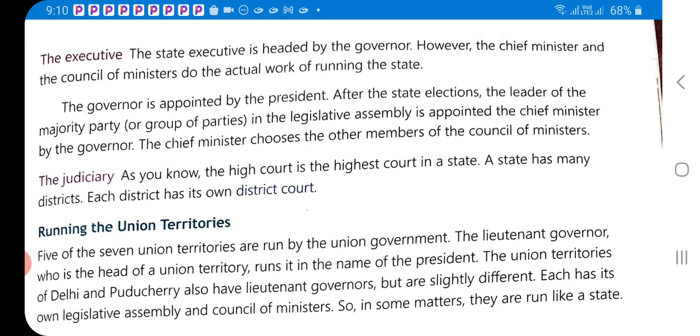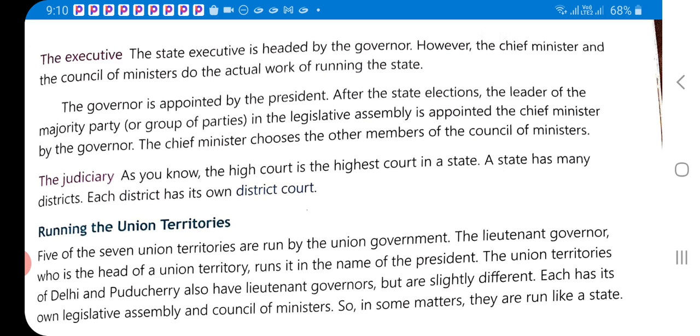The governor is appointed by the president, and after the state elections, who is appointed by the governor? Sorry, the chief minister. The leader of the majority party in the legislative assembly is appointed the chief minister by the governor. As in the central government, the president appoints the prime minister, who is the leader of the majority party.